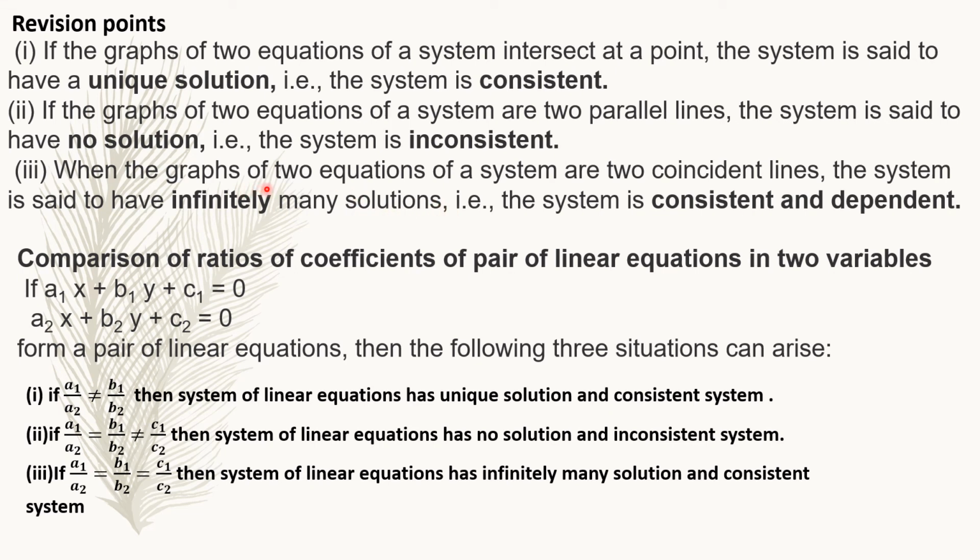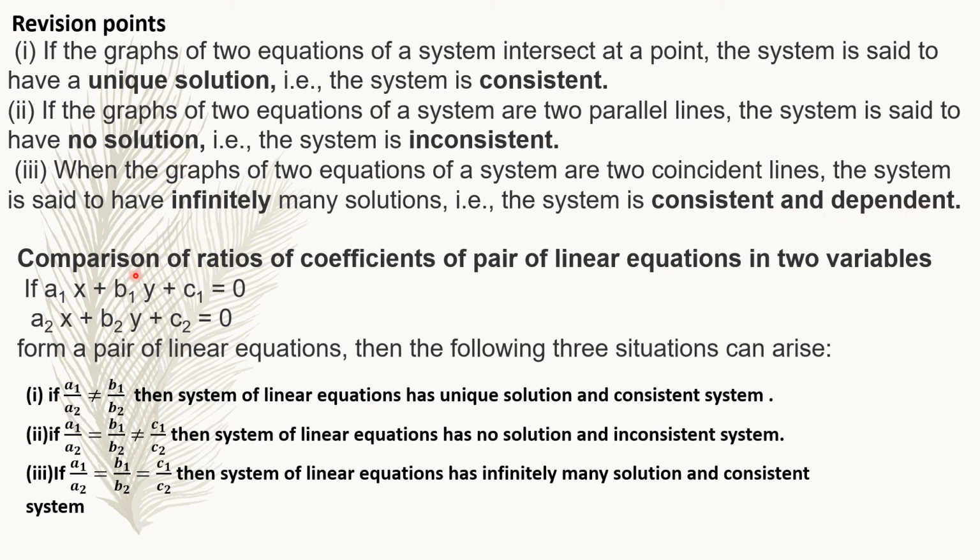The pair of linear equations has two straight lines, and when these two straight lines are coincident or overlapping lines, we say that the system of linear equations has infinitely many solutions. That is, the system is consistent and dependent.